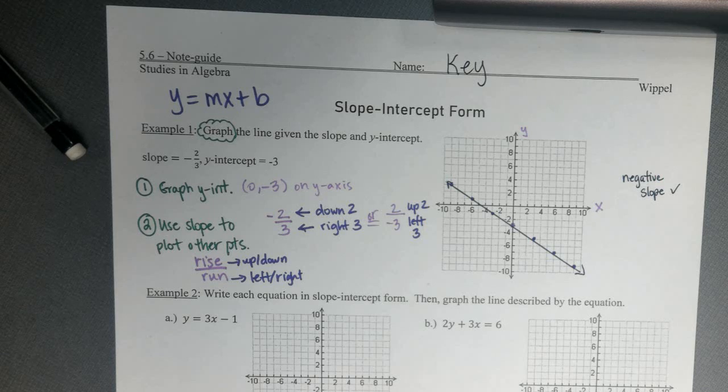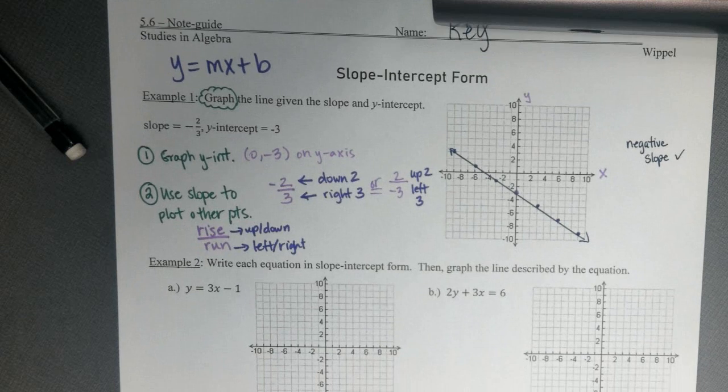The other thing we're going to talk about today is writing each equation in slope-intercept form, which you've already done in 5.4, and then you're going to graph that line that's described by the equation.